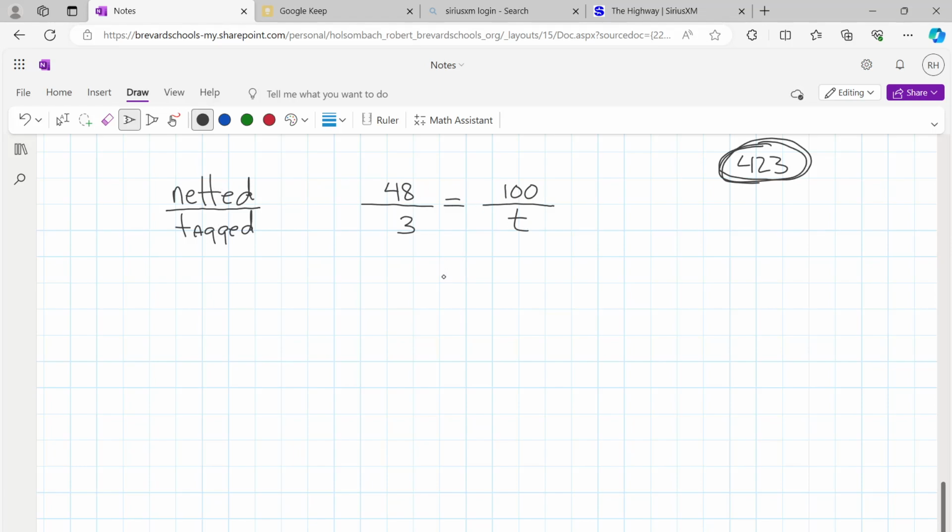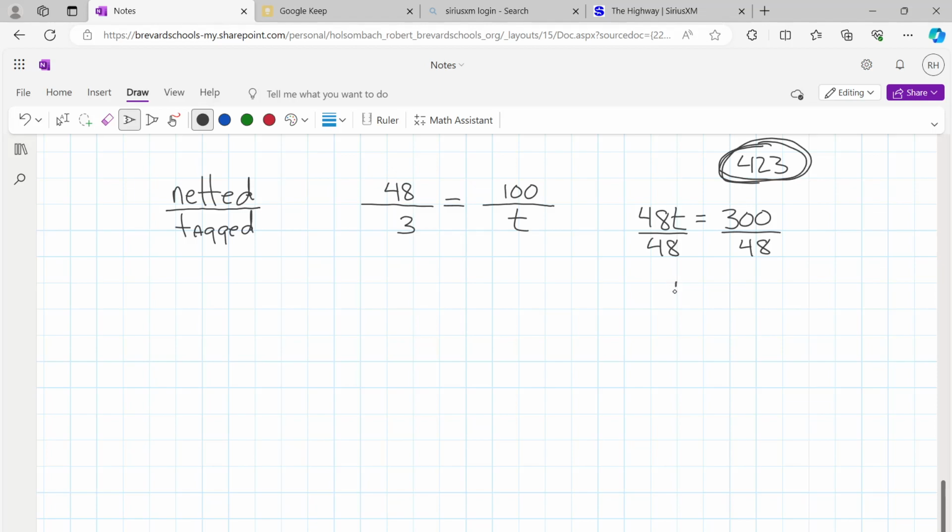So we're going to crisscross multiply again. So our 48 times T is 48T, and it's equal to 3 times 100, which is 300. Divide each side by 48. And 300 divided by 48 is 6.25.